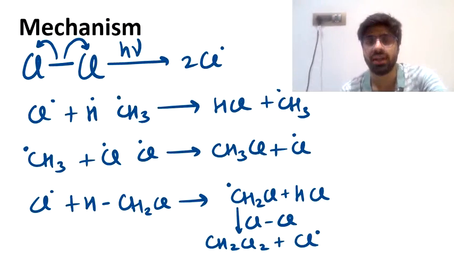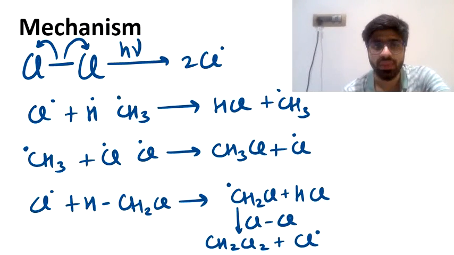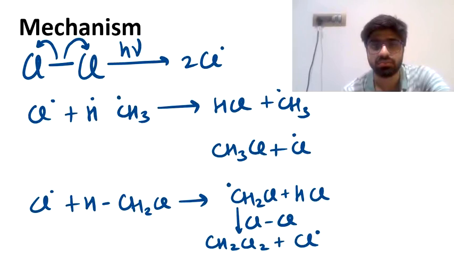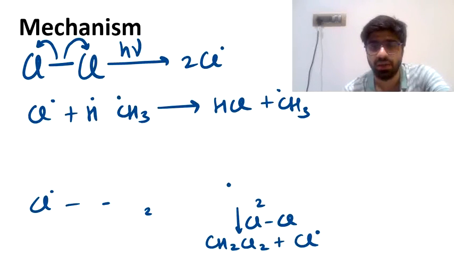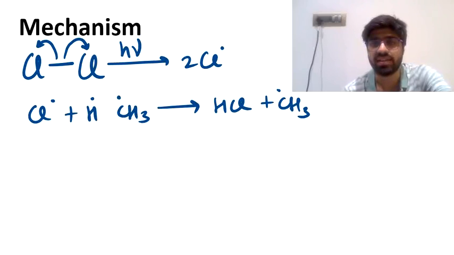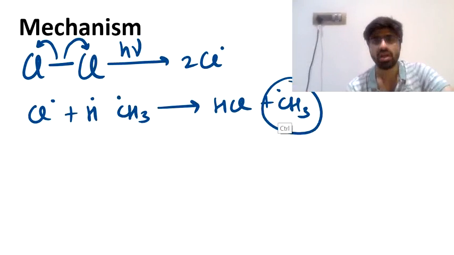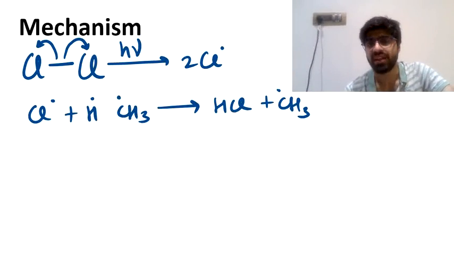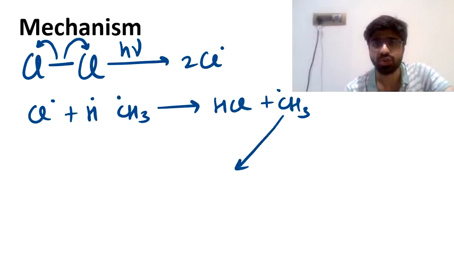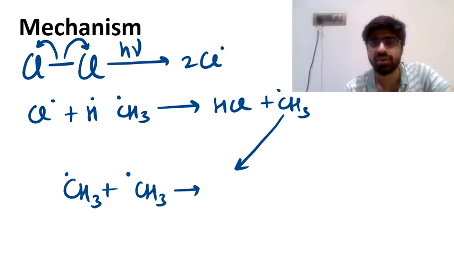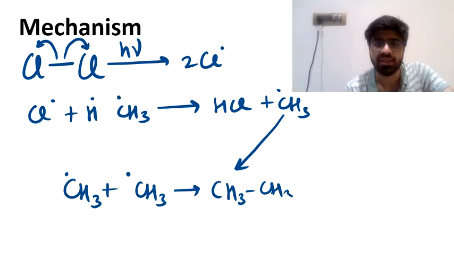Also, you need to check that when this reaction is happening, there is a formation of methyl free radicals in the second step itself. If there is a formation of methyl free radicals, there is a possibility of two methyl free radicals reacting with each other. That is, two methyl free radicals will combine with each other, and it will give rise to the formation of CH3CH3, which is ethane.